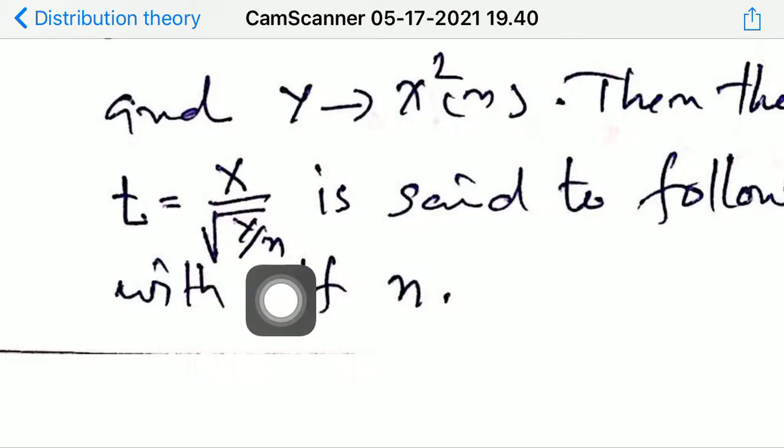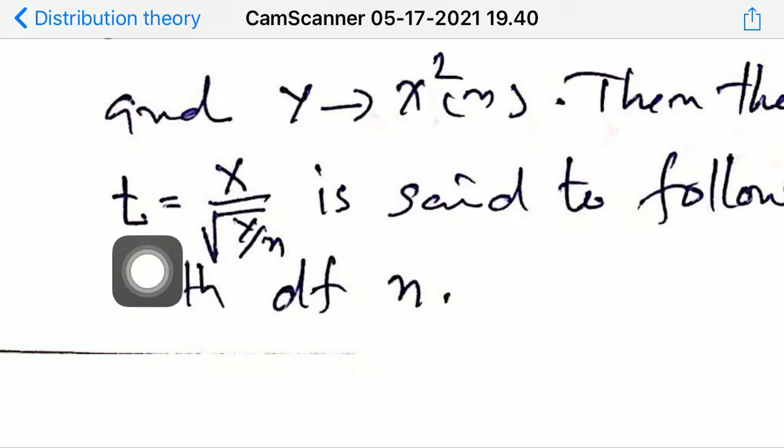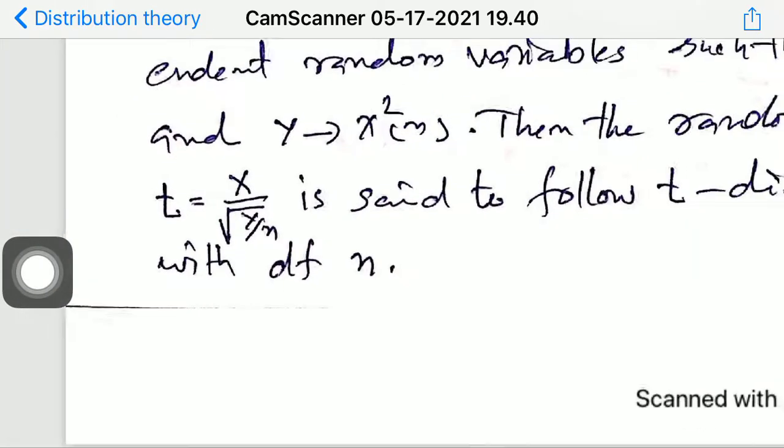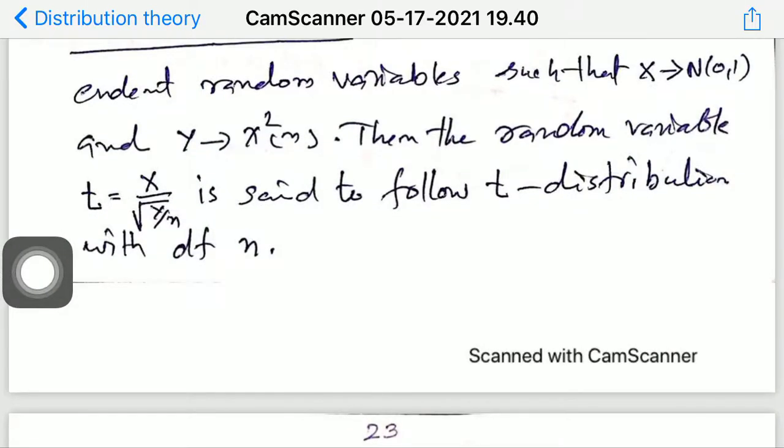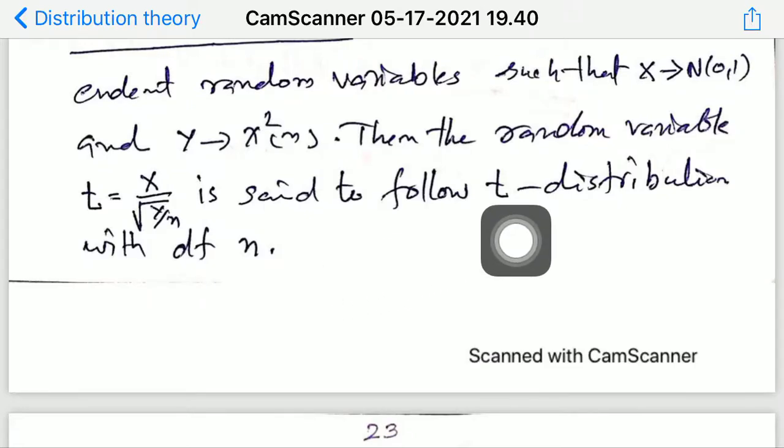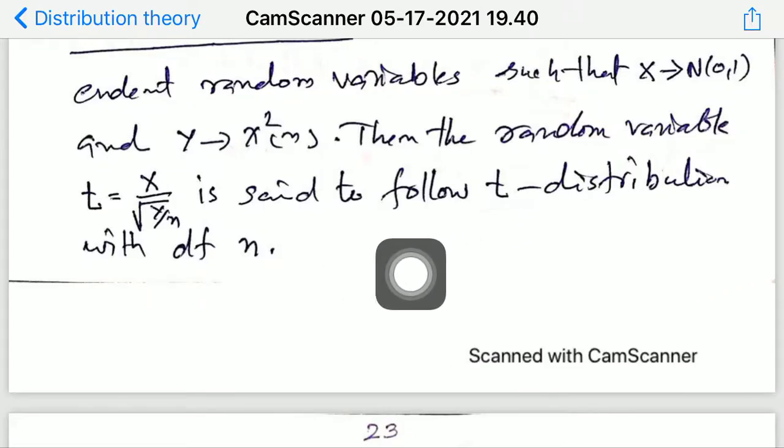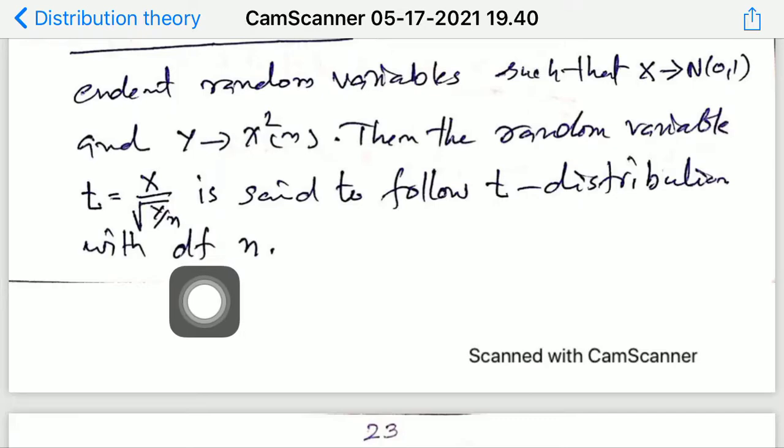This random variable t is called the t random variable and is said to follow the well-known t distribution with parameter, or degrees of freedom, n.